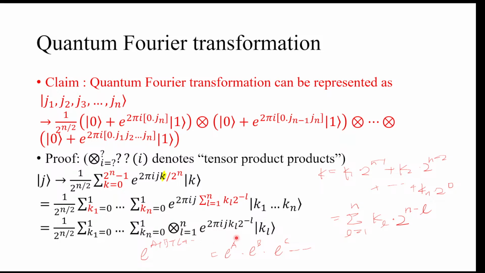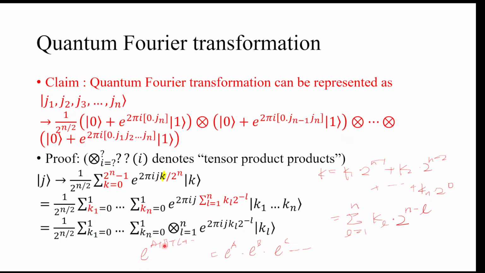So instead of taking the tensor product together and then doing the summation, you can pull the summation inside the tensor product, because each summation only affects one slot of the tensor product.